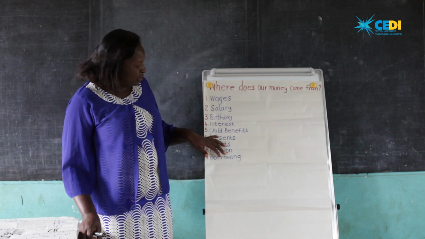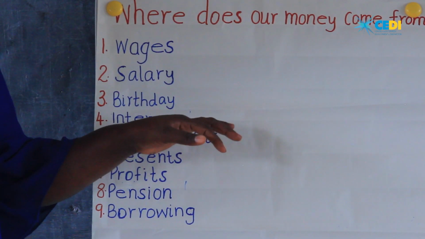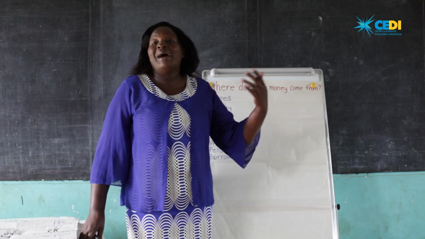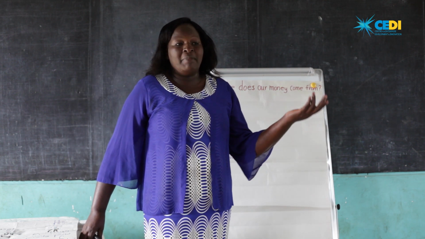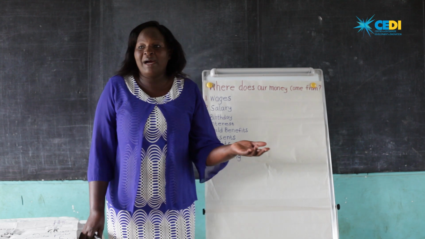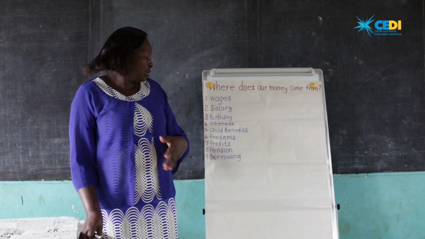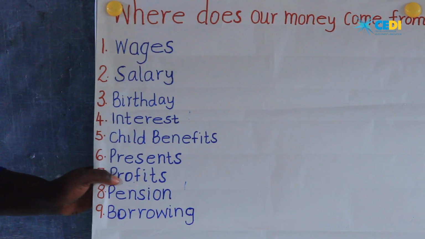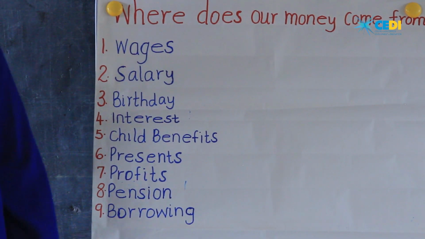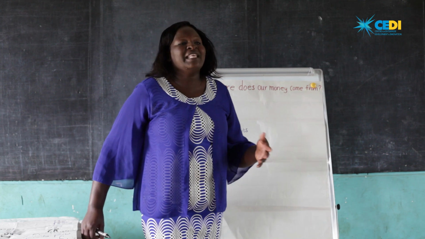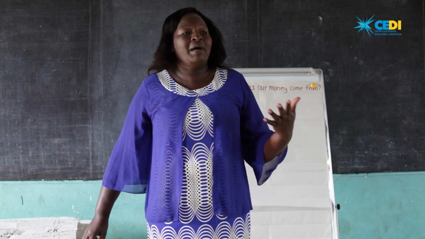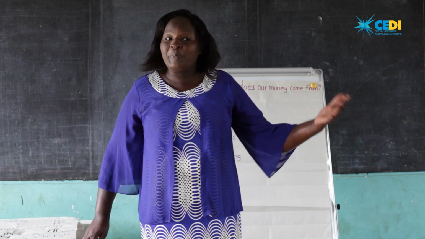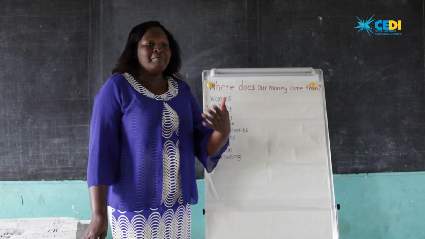Then we have child benefits. Child benefits can be given monthly. It's normally given monthly, maybe by some organizations or some NGOs. Then presents. Presents, for example, at the end of the year, we normally have our prize giving day. So the best pupils are normally given money.